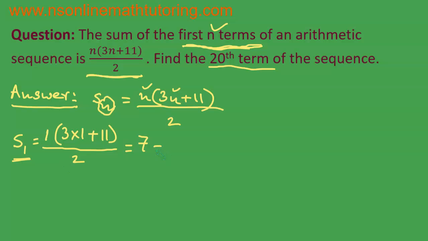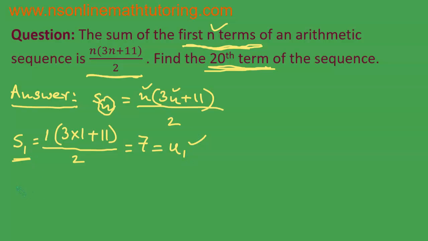So, this is equal to U1. So, we have found the value of U1 because we have to find the 20th term. Therefore, we should be knowing the first term and the common difference. So, we have already found the first term of this arithmetic sequence.